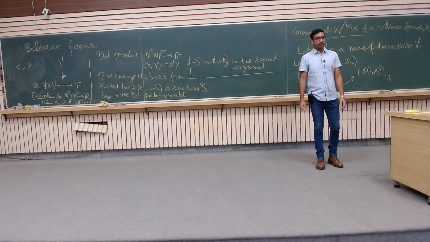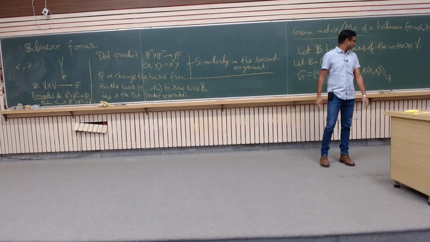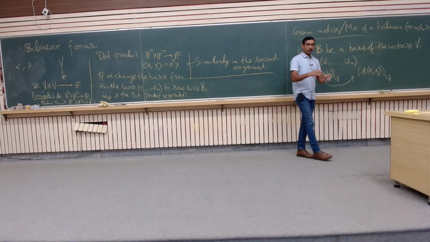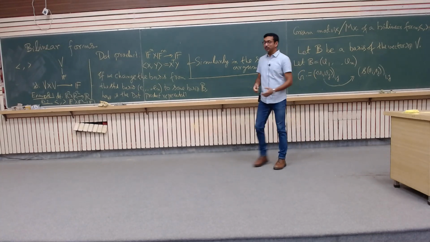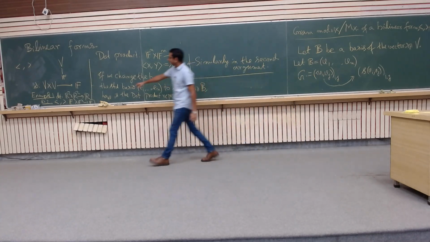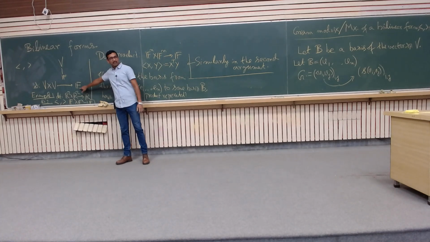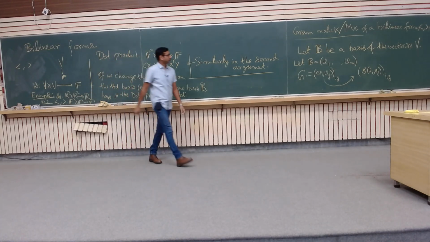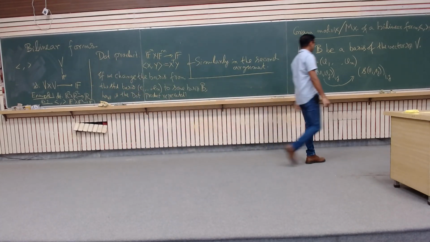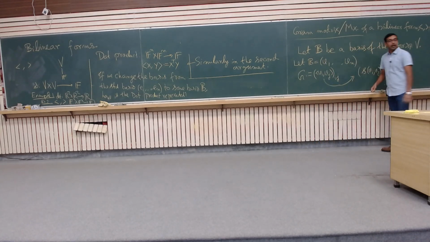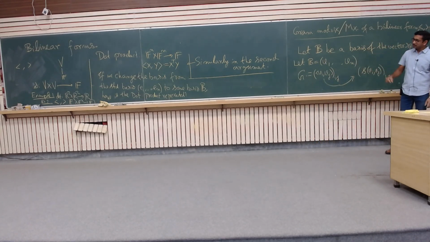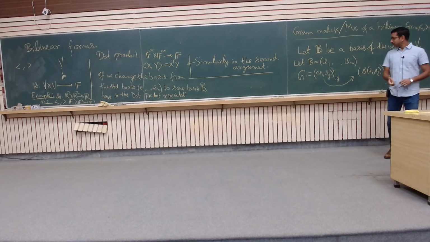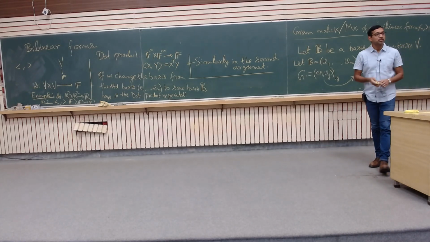So the ith row and jth column entry would be the output of the bilinear form in the field F. Just to give you an explicit idea of what it looks like, we can compute the Gram matrix of the dot product.